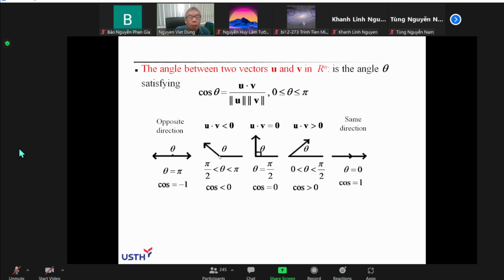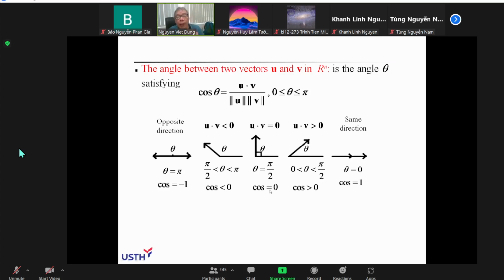The next, we have theta between pi over 2 and pi. That is the case when cosine is negative, equivalent to the dot product U, V being negative. And the case in the middle is when cosine equals 0.